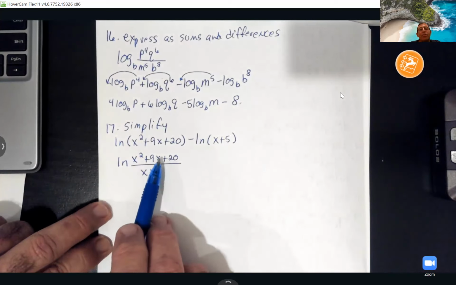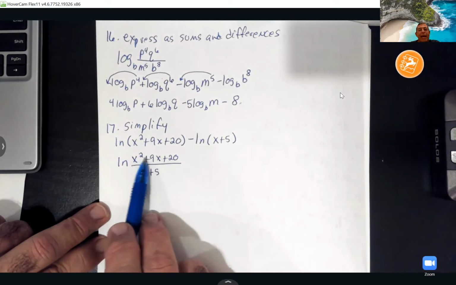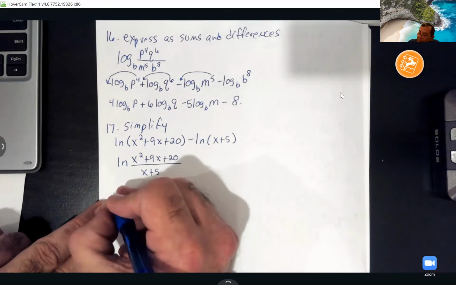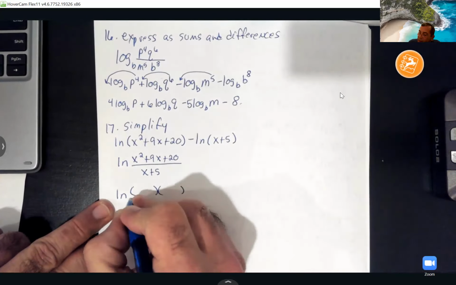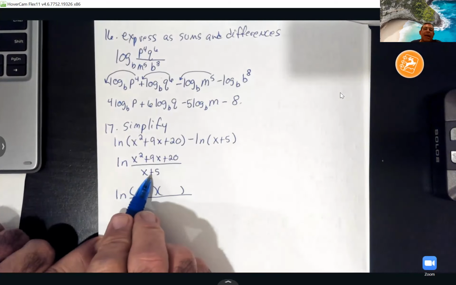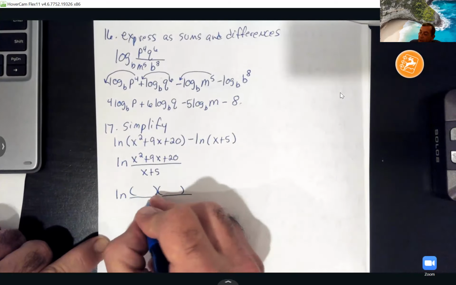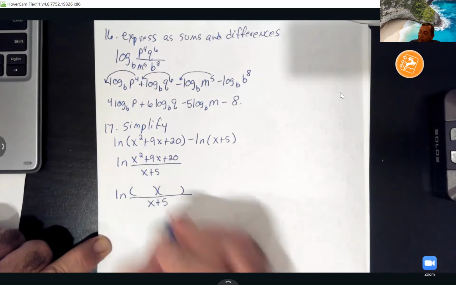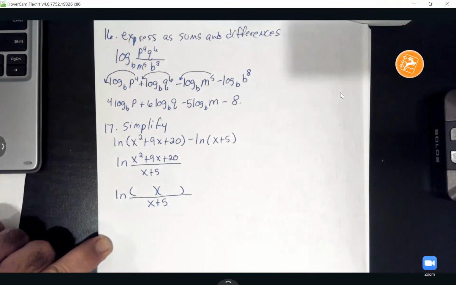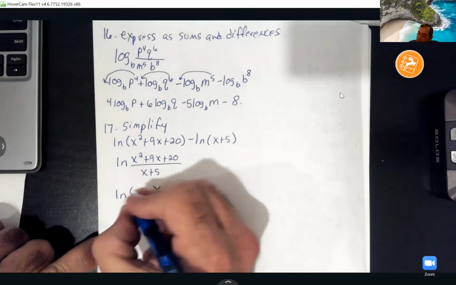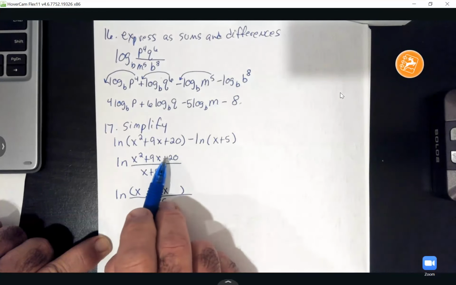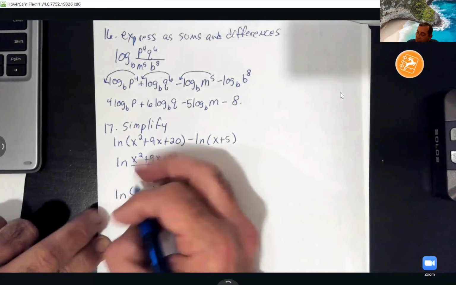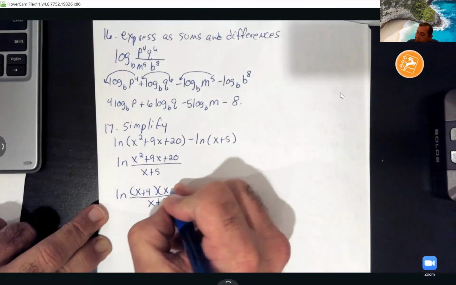So y'all, to simplify this, we've got to factor the top. Now the bottom only has the x plus 5, so the bottom's going to stay x plus 5. So let's factor the top. X squared will be an x and an x, plus 4x plus 5. So plus 4 and plus 5.